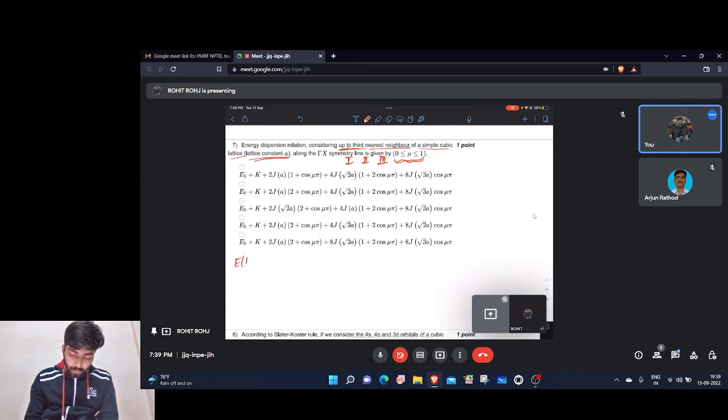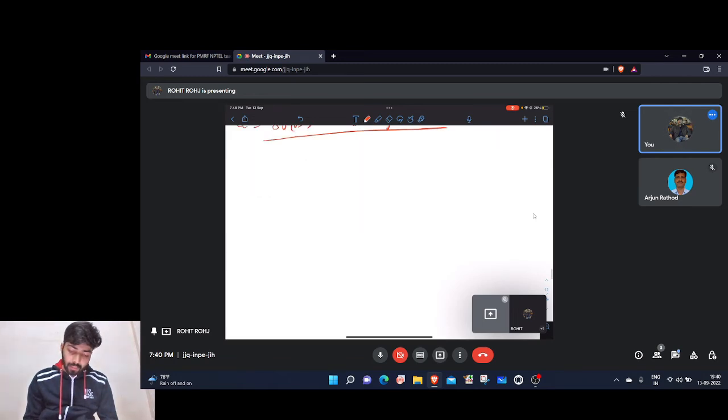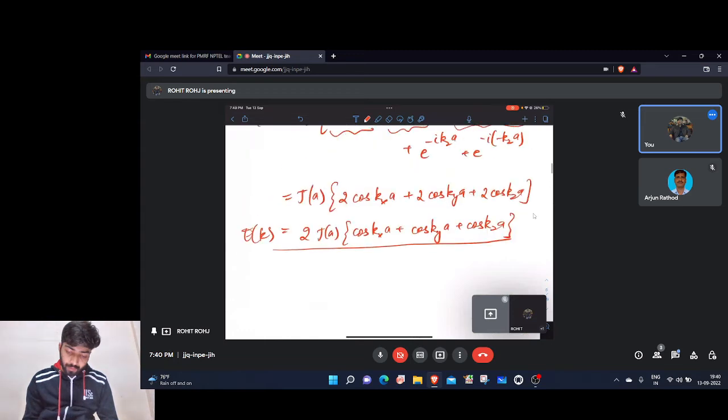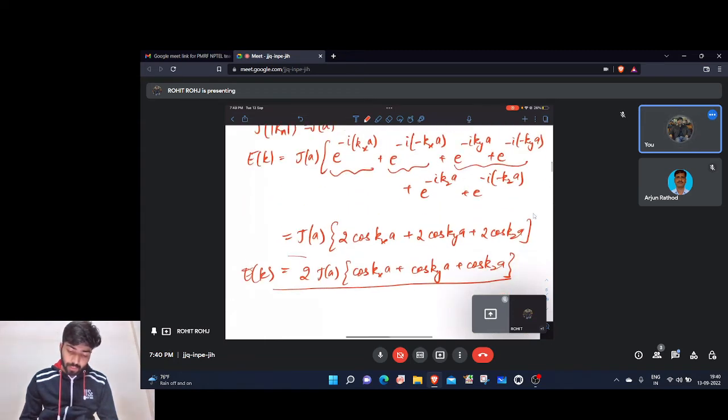E k is nothing but E naught plus the k, which is nothing but the crystal field integral. Then we have, for the first j, the first nearest neighbor. If we go above, this was the question. So the relation is 2j summation of 3 cosines.